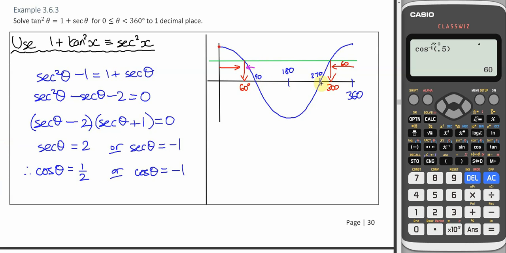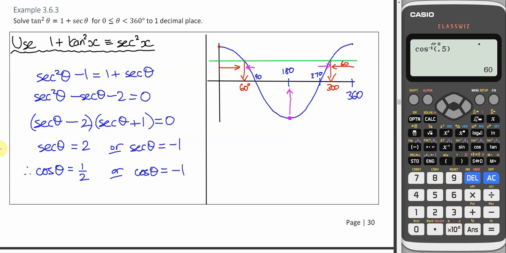So the other one's going to be 30 to the right. So 30 to the left or 30 to the right. Just using the symmetry and features of the graph. The other one, where does cos theta equal minus 1? Well, we can see from the graph there's only one place where that happens. So 180 degrees will also be a solution.